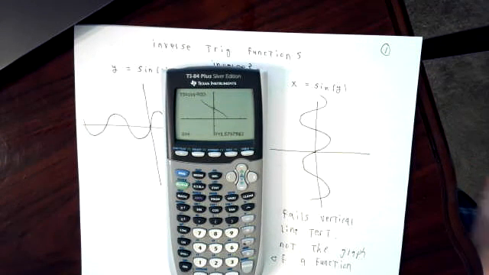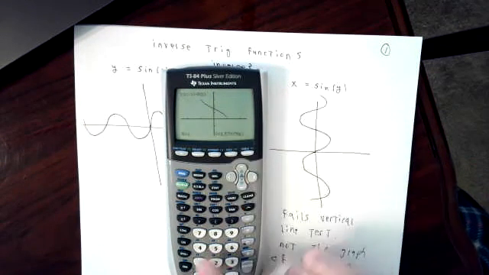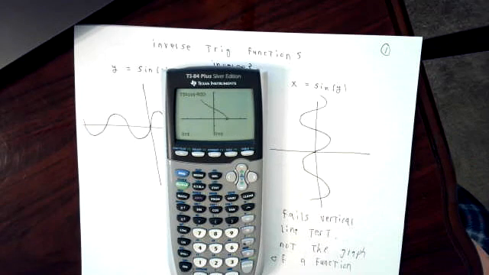When x is 1, y is supposed to be 0, and that's what we see. So the general shape of the thing is correct. These points that we in particular identified are correct. This is the correct graph of the inverse cosine function.